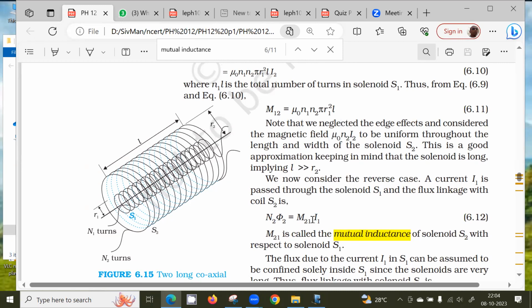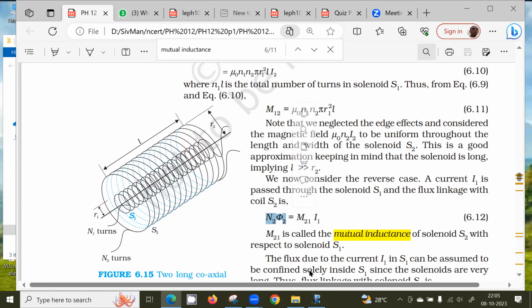Got it? The input is the current in the first coil. The output is the flux in the second coil. You can call the total flux N2 phi 2, and the constant of proportionality is the mutual inductance. So for inductance, think like this: input is current in one coil, output is the flux linking the second coil.